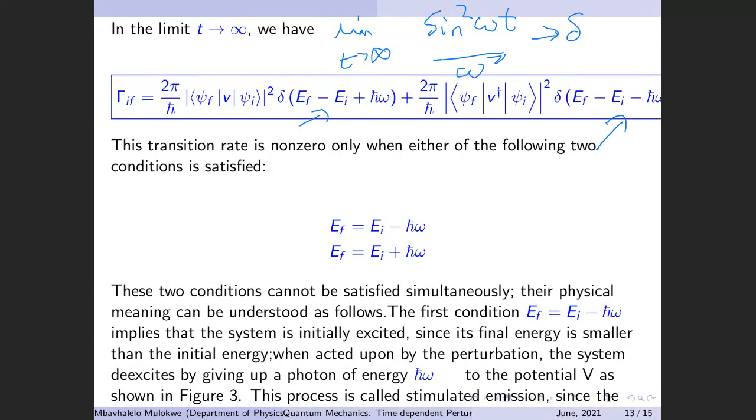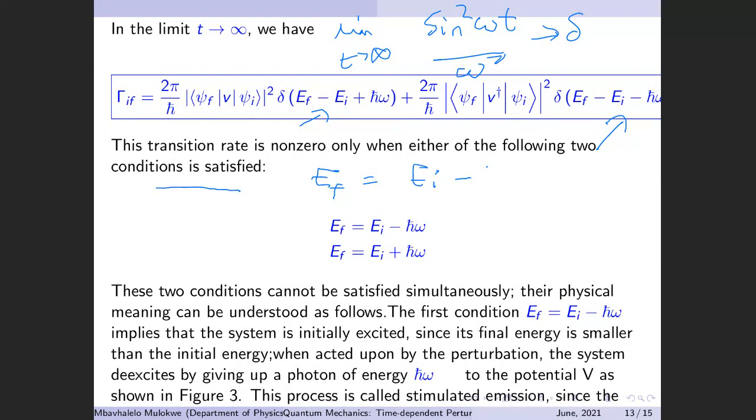So the only time that this is non-zero is if E final is given by E initial plus or minus h bar omega. But let me just separate the cases. You get that E final is given by E initial minus h bar omega, or the other way around.